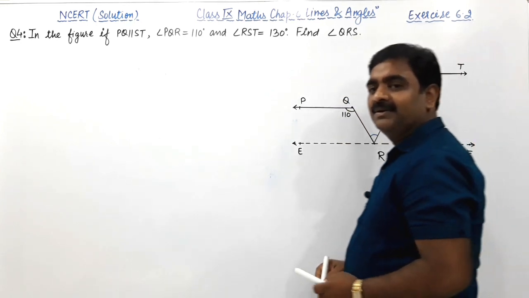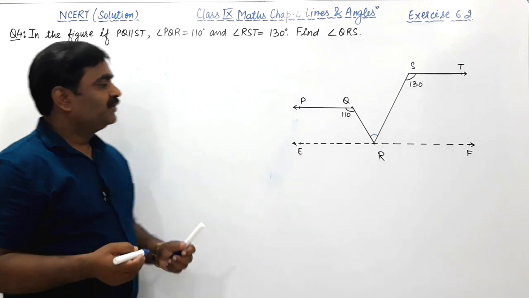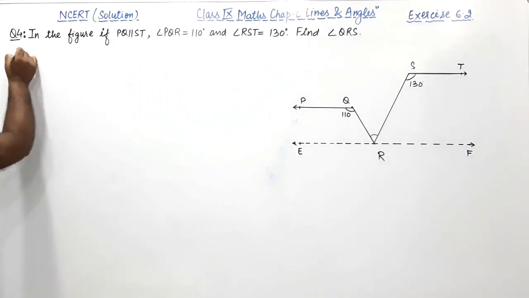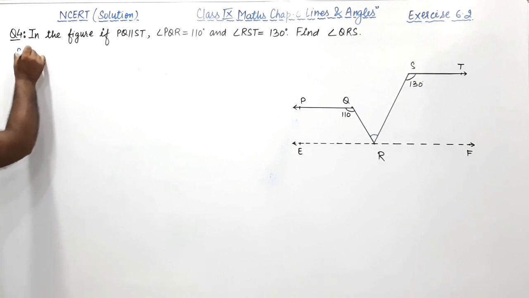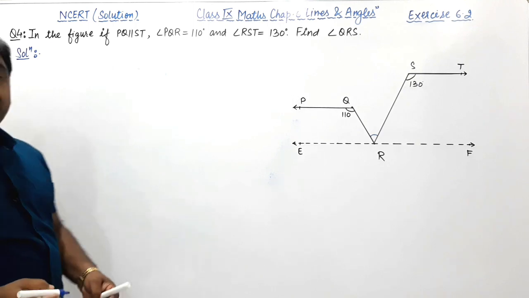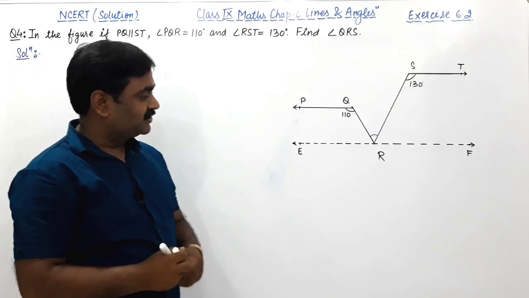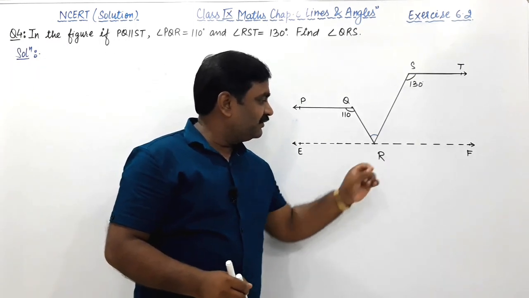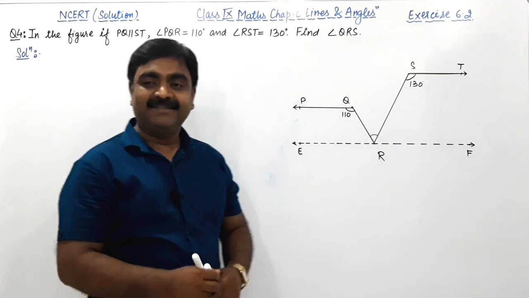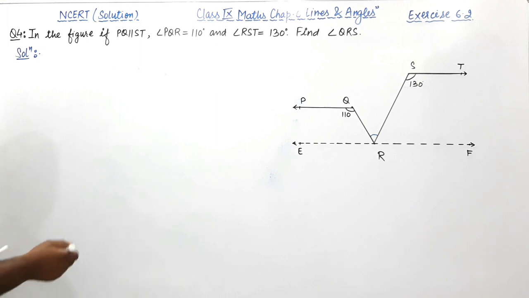Right, students? Okay. So now to find the solution of this question, just see, students. First of all, we have done a construction. Draw a line EF passing through the point R but parallel to ST. Right? Okay. So we need to write it.